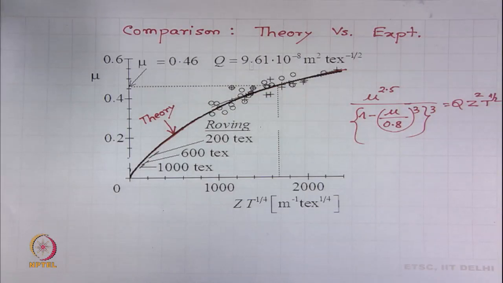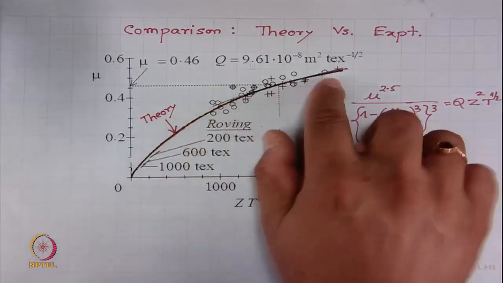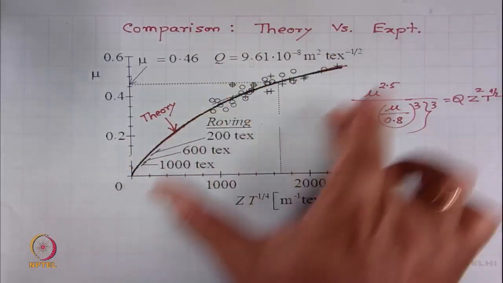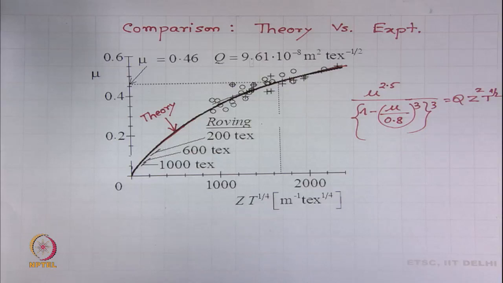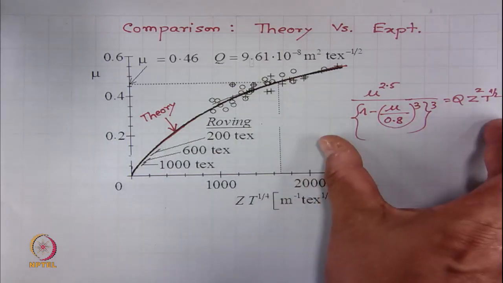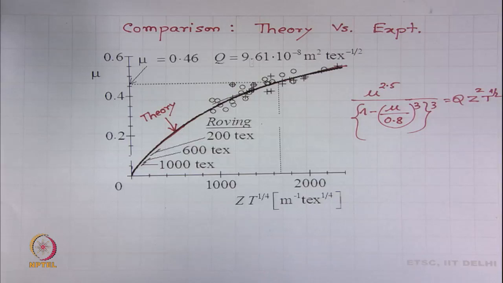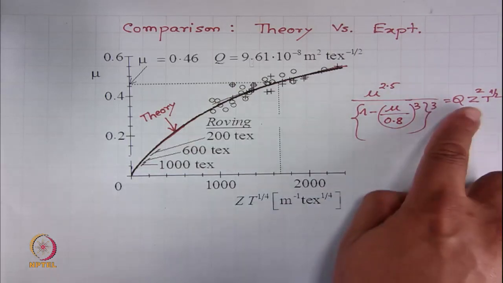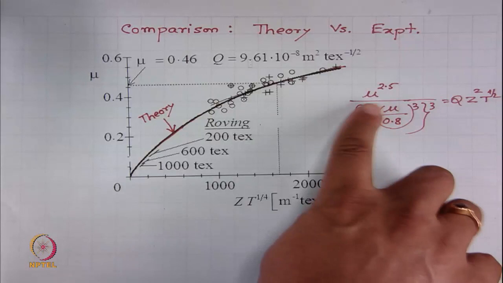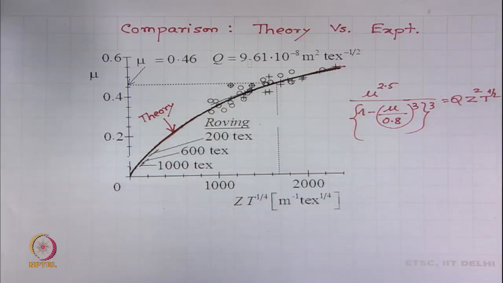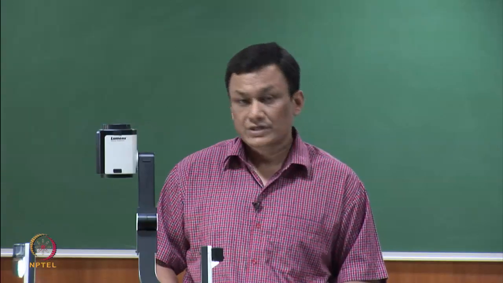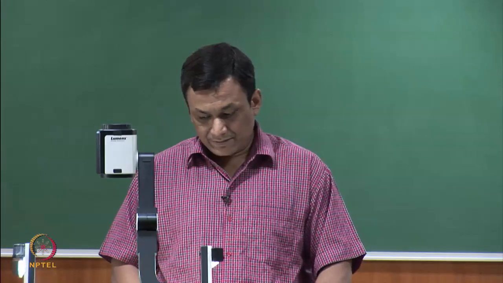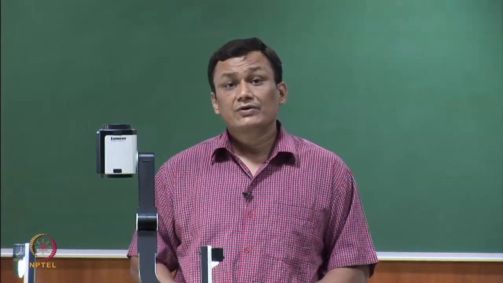What we see is that this curve matches quite well with the experimental results. So, that means this equation we derived, which talks about the relation between yarn twist, yarn count and packing density, is probably a very good expression. We can use it in practice, right. Then how will you find out diameter?